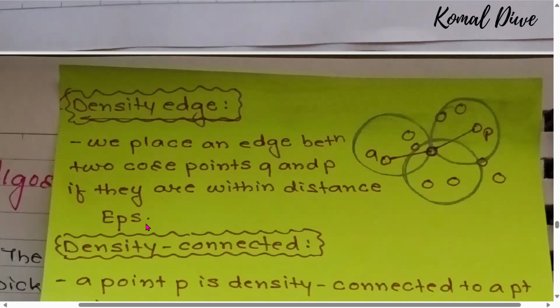Try to understand the semantic meaning of this sentence. We place an edge between two core points Q and P if they are within distance epsilon.